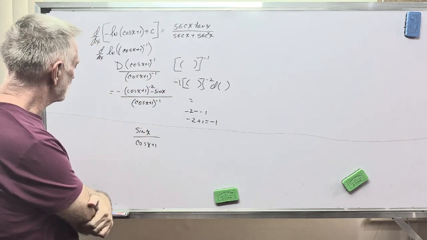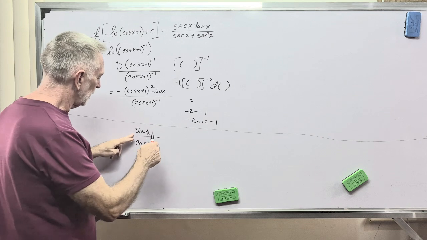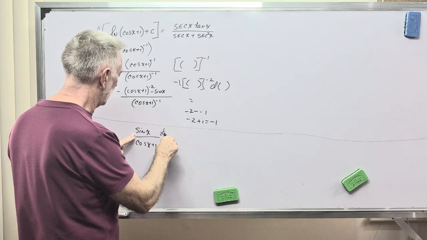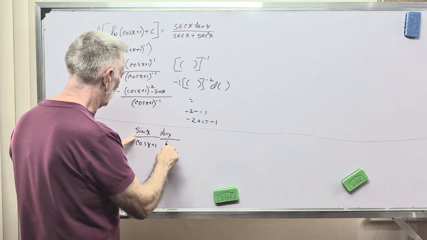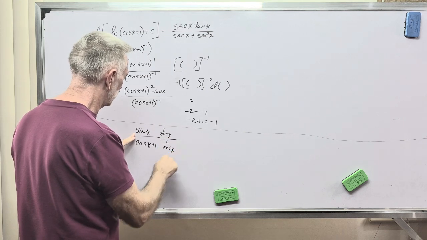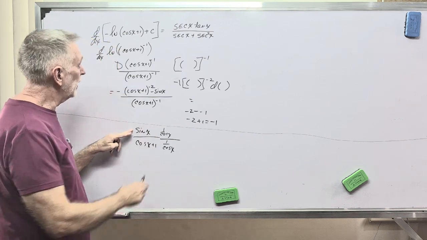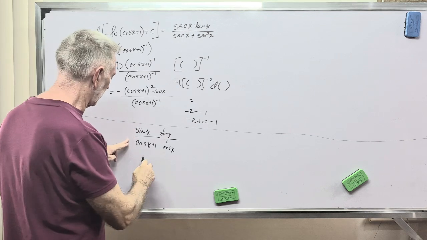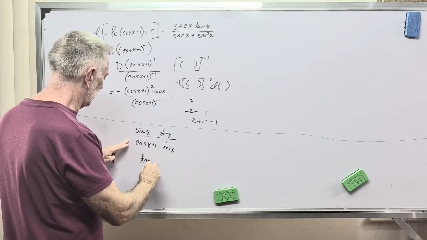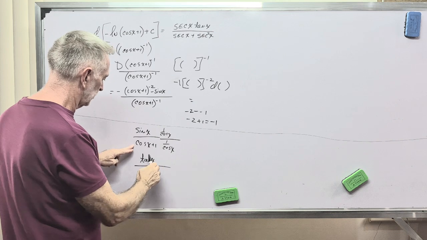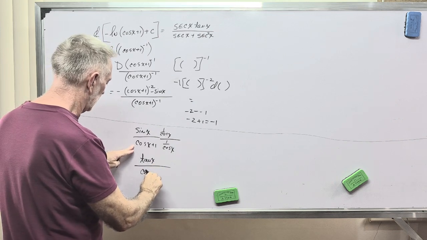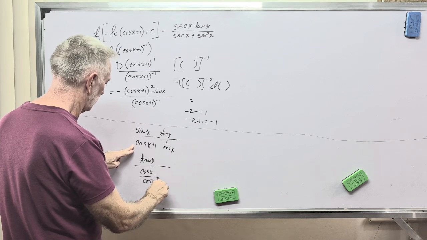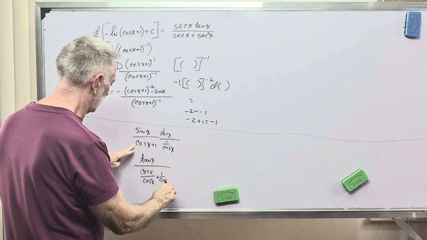What to do now? Well, let me multiply this by 1 over cosine x over 1 over cosine x. So that gives me the tangent term. That's where my thinking is going here. So I end up with tangent x over cosine x over cosine x plus 1 over cosine x.